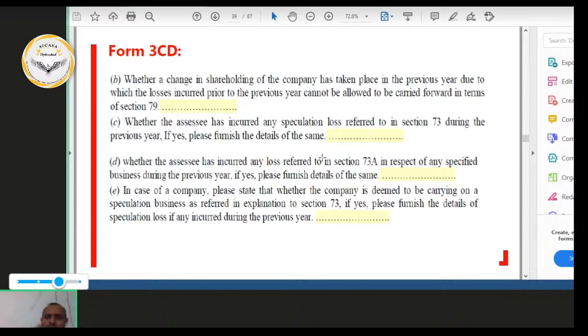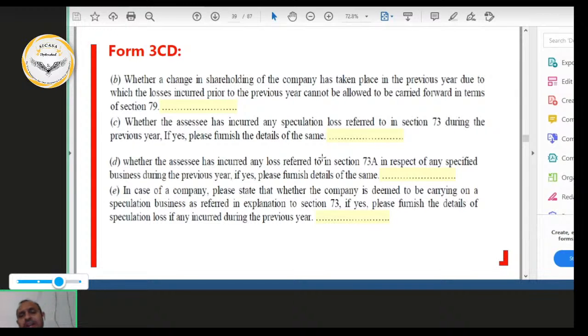Their intention is to hold for the long term, and after some time, not long term but short term, they want to trade frequently in many scripts, including Reliance. Then even though they have purchased and sold and taken actual delivery, it is treated as a speculative transaction.